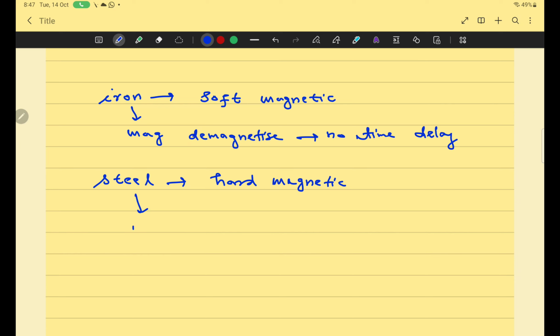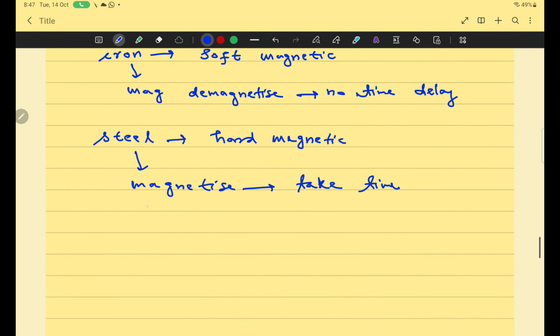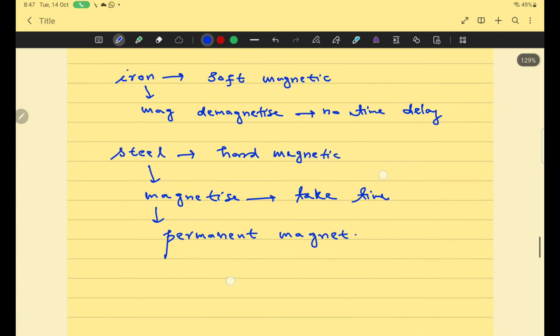But steel takes time to magnetize, and when it is magnetized once, it becomes a permanent magnet. If you switch off the current, it remains a magnet. Why? Because it is a hard magnetic material.